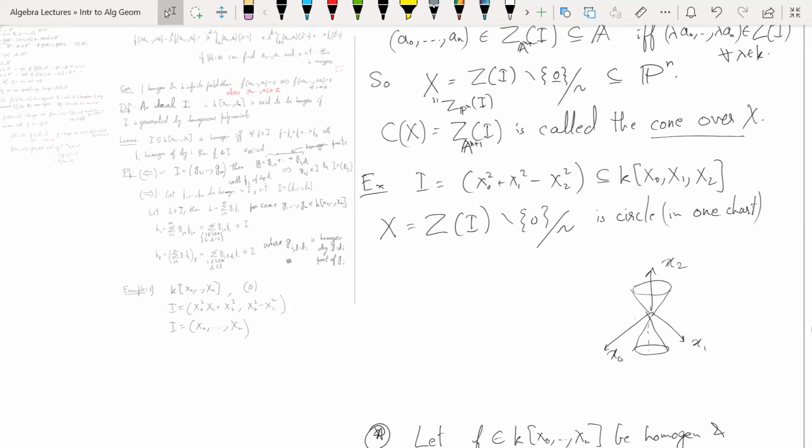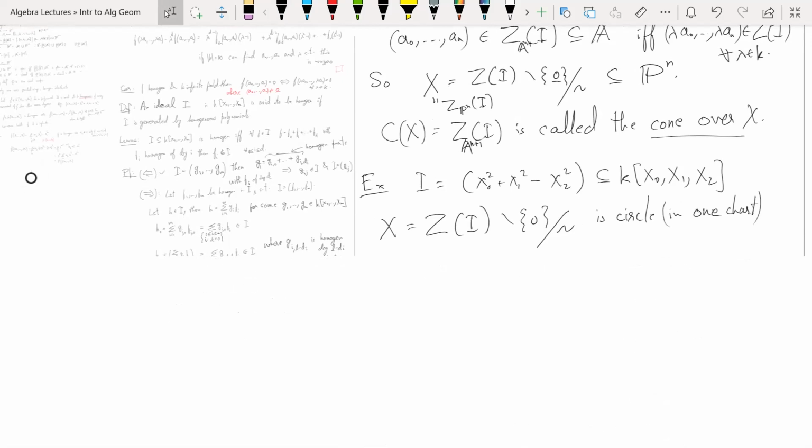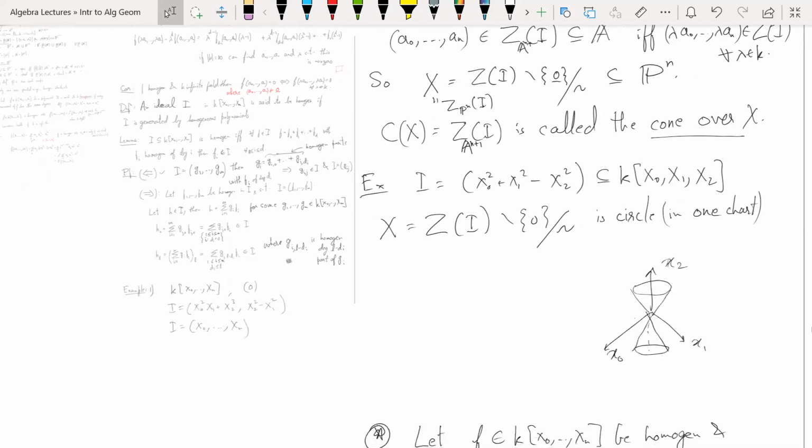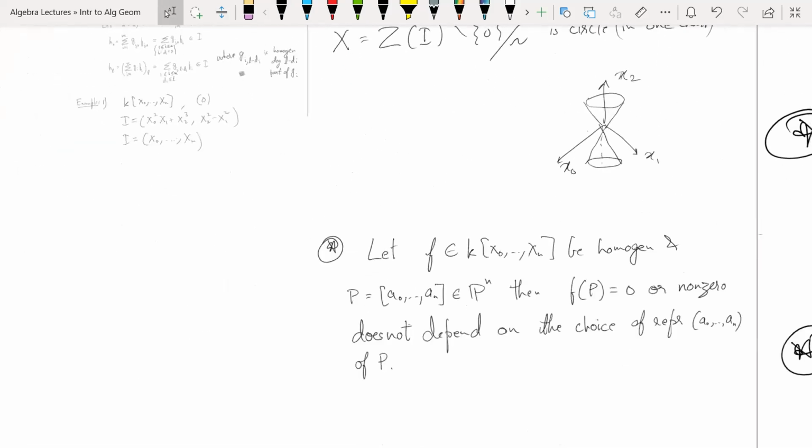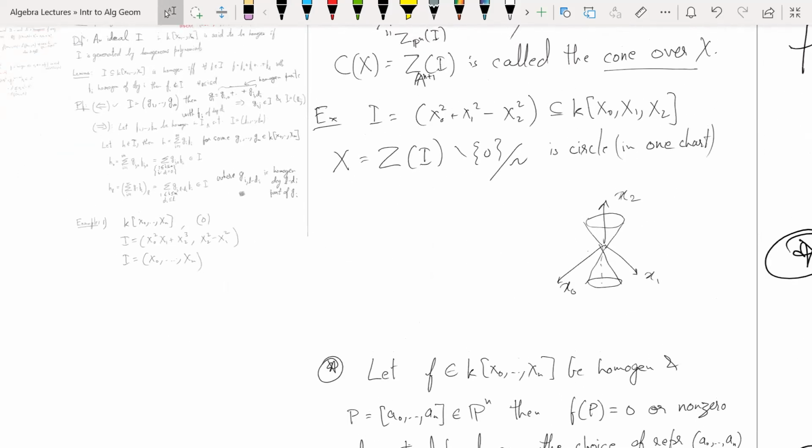So let's first think about it in terms of affine geometry. How does it look? This is x0^2 + x1^2 - x2^2, so this is indeed an equation of a cone. When x2 is 0, of course x0 and x1 both should be 0.